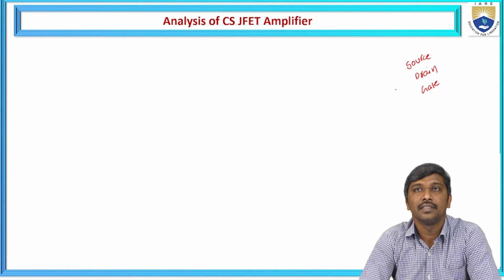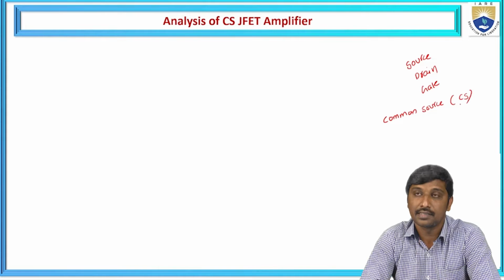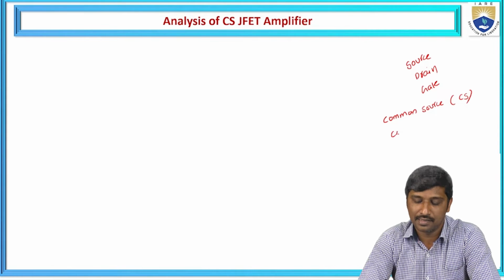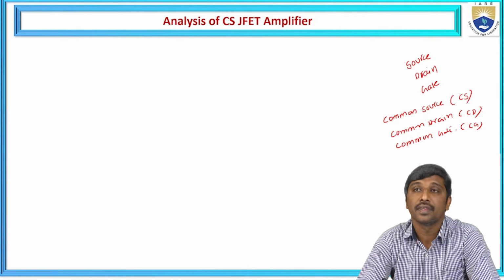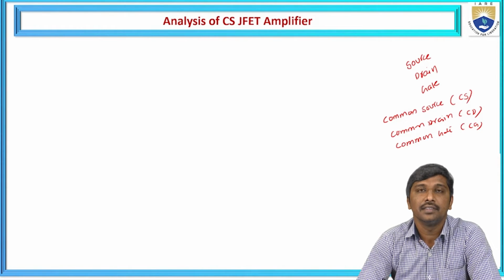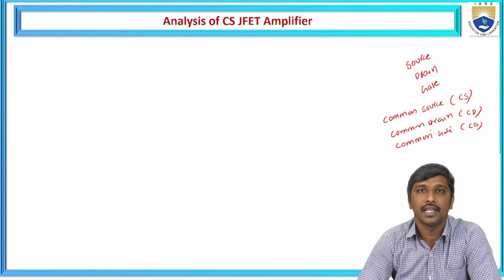So we can configure three types of configurations: one is the common source, represented as CS, the common drain, represented as CD, and the common gate, represented as CG.